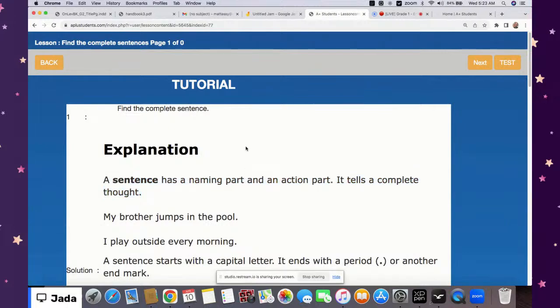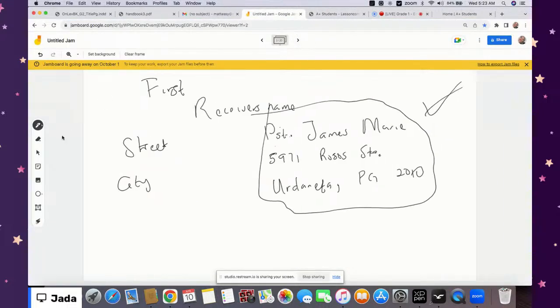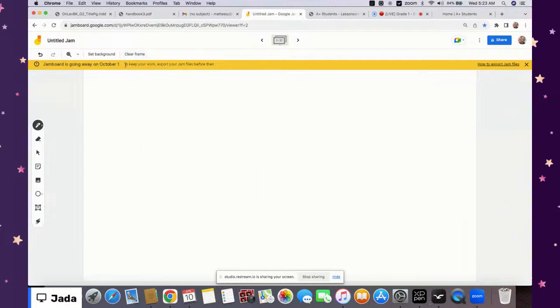It tells a complete thought. So a sentence has a naming part, then the action part.